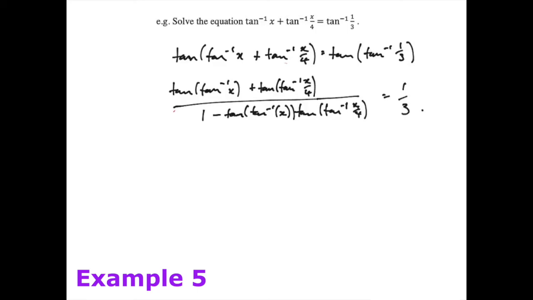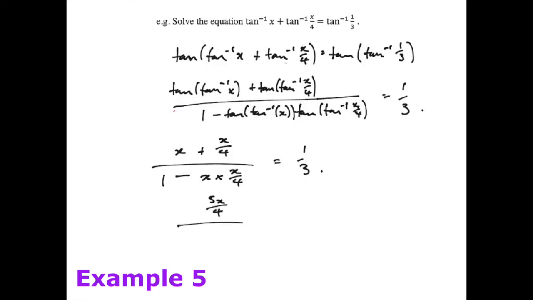Okay, now tan inverse tan, they're just going to cancel, so I'm going to end up with x plus x over 4 over 1 minus x times x over 4, and that equals 1/3. So on the top I end up with 5x over 4, and I can cross multiply here, but let's just do one step at a time. 5x over 4 over 1 minus x squared over 4 equals 1/3.